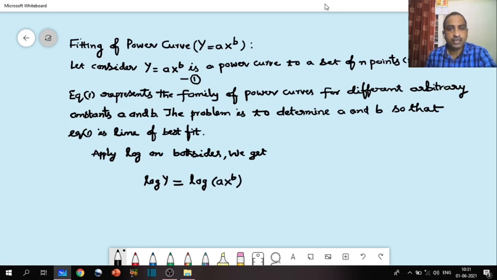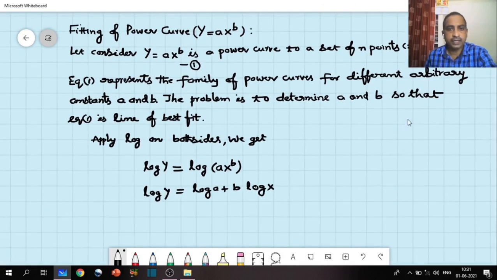So a x power b you can write as log a plus b log x. So log y equals log a plus b log x.